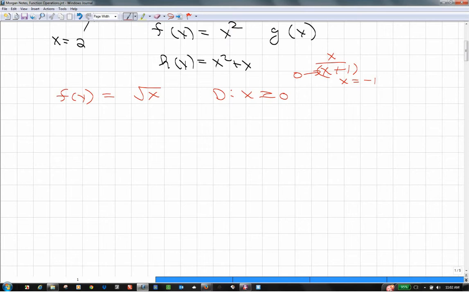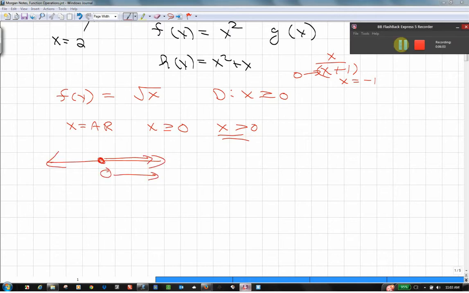So for example, if I would have a domain of x is equal to all real numbers, and let's say I had a domain of x is greater than or equal to 0, and I had a domain where x has to be greater than 0, if you look at the overlap of all of those, that would have to be the domain. So what we're really looking for is the intersections of all the domains.